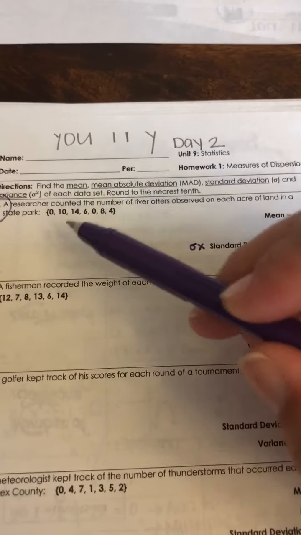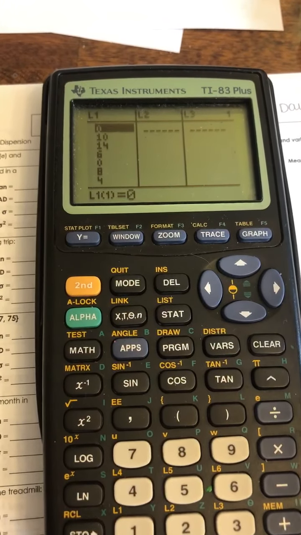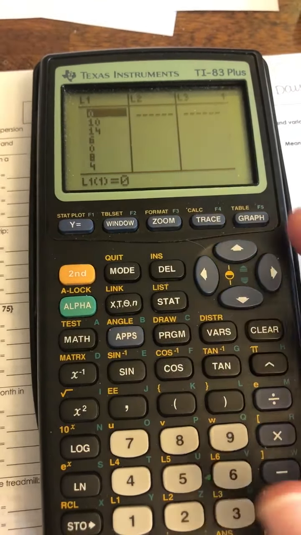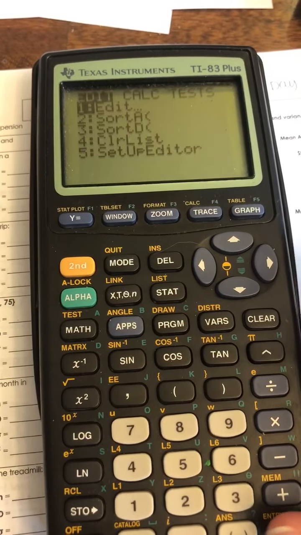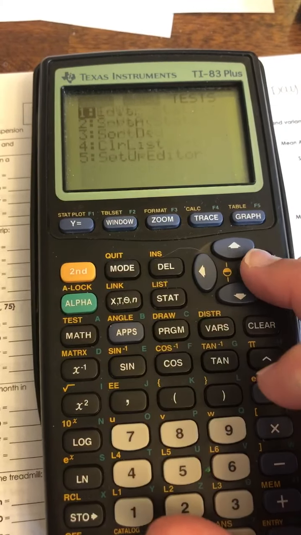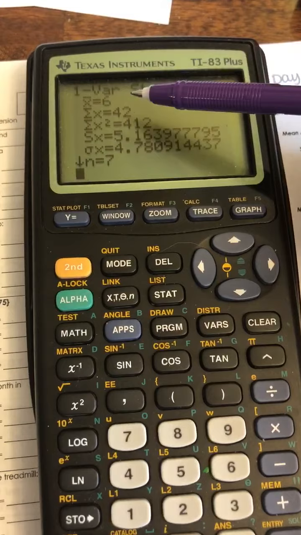So the first thing I did, just like before, is I went to Stat, Edit, and I entered the data in L1 for my X, and I just need the mean, which is the average. So I'm going to hit Stat, Calc, 1 variable statistics, and my average is 6, so I'm going to put that.